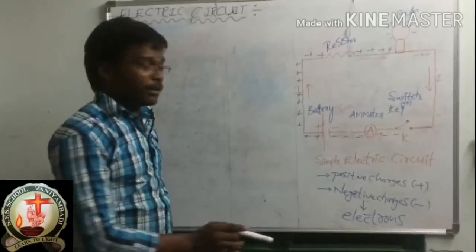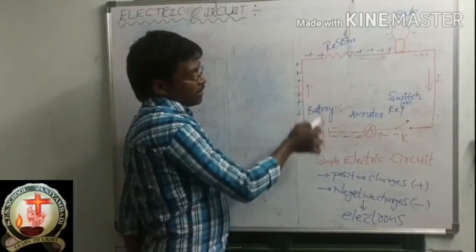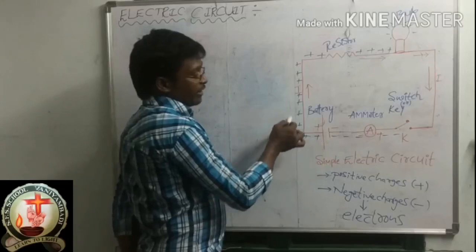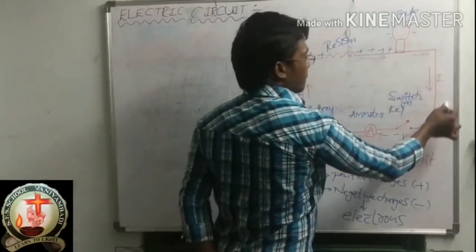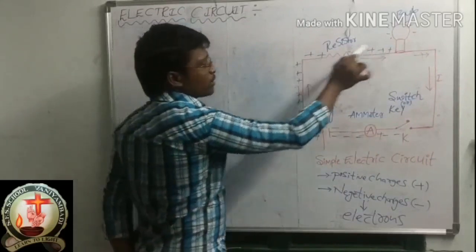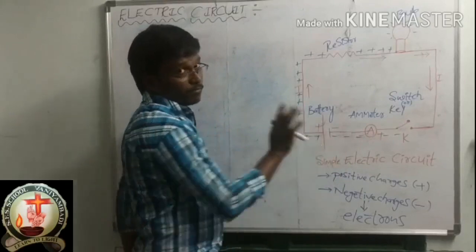I am telling you again, this positive terminal is releasing all the positive charges. After releasing those positive charges, in what direction are they moving? It is moving like this. Correct? So the direction of the positive charges is positive terminal of the battery to negative terminal of the battery.